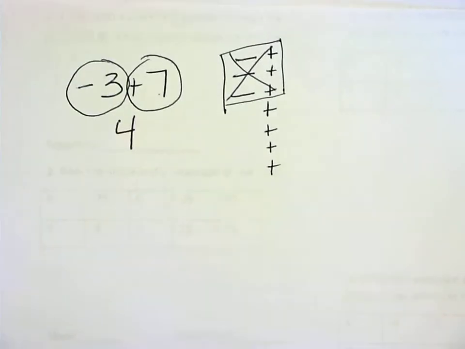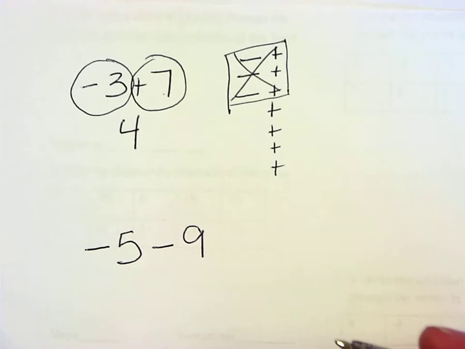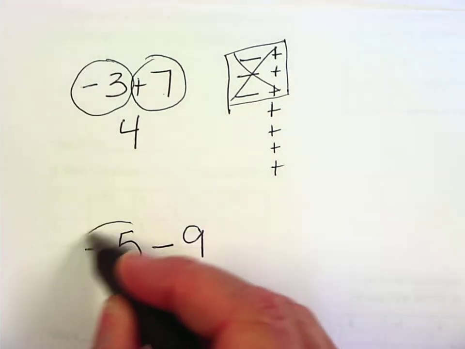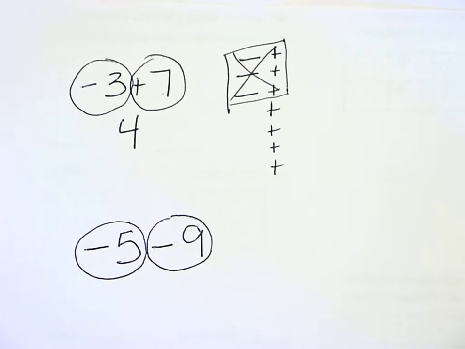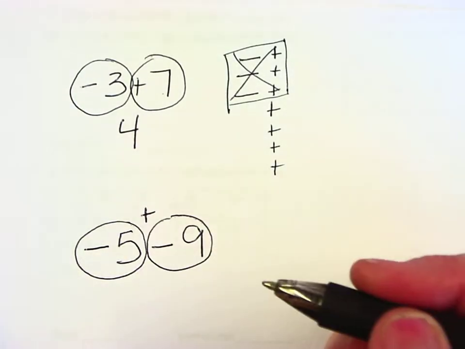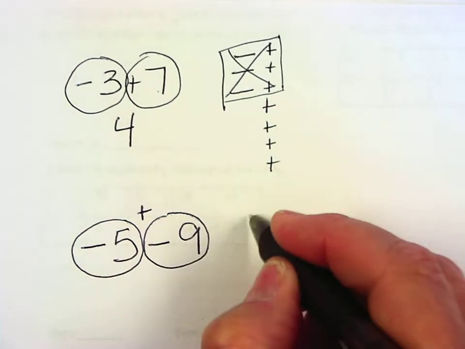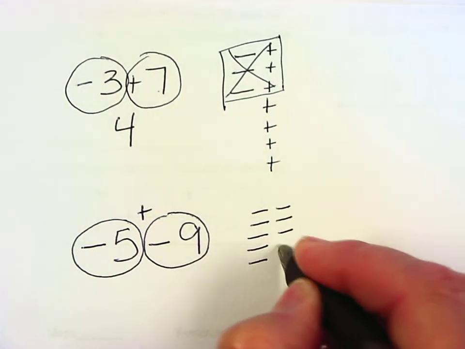Now if you have something like this, again, we can circle each term, and what this means is I have 5 negatives and 9 negatives, and I'm going to put them all together.